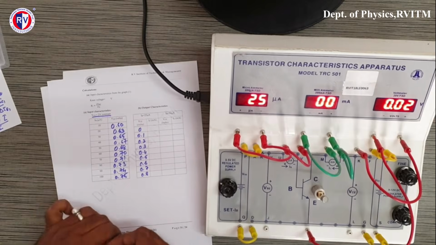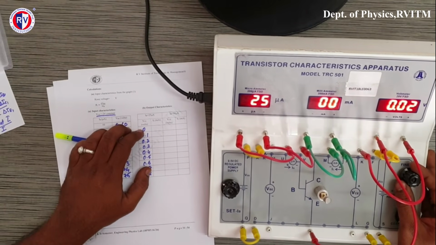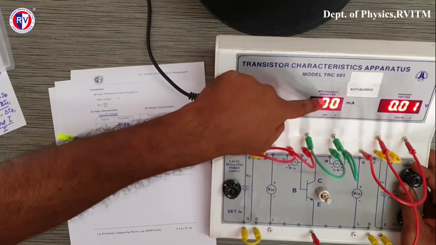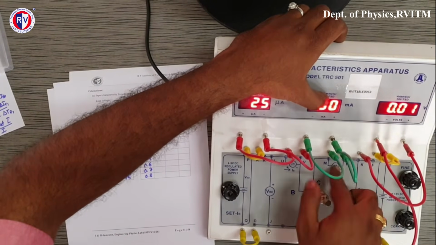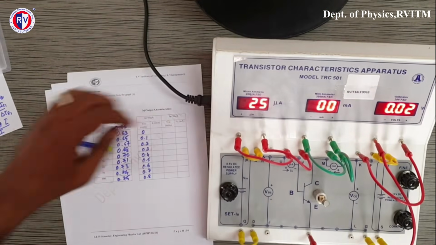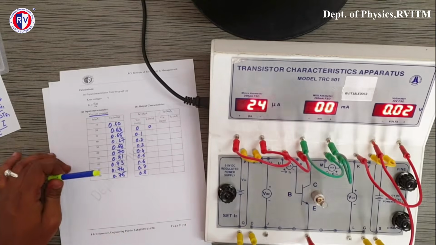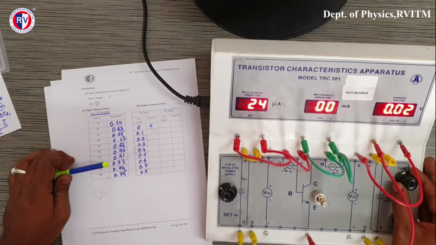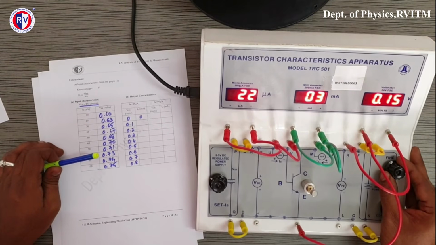So let's vary VCE. For VCE 0, IC will be 0 only. This is IC, because IC is connected here. So for 0 it will be 0. Next for 0.1, now I am going to vary VCE.